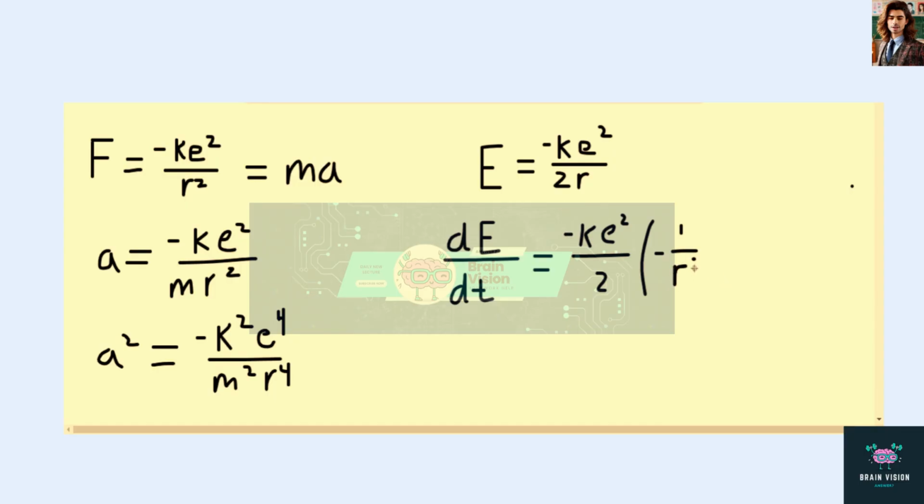So this is taking the derivative with respect to r, times dr/dt. So we had to use the product rule.